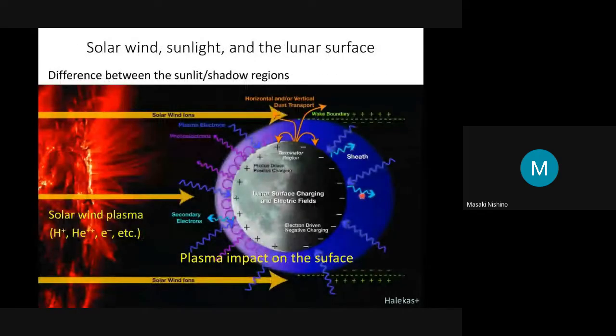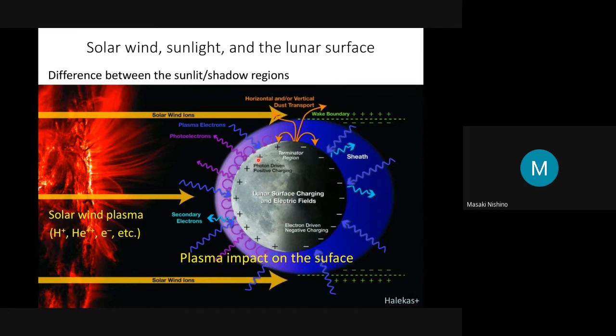So first of all, the lunar surface is charged. The day-side surface is basically positively charged because, under the sunlight UV radiation, photoelectrons are emitted from the day-side surface.